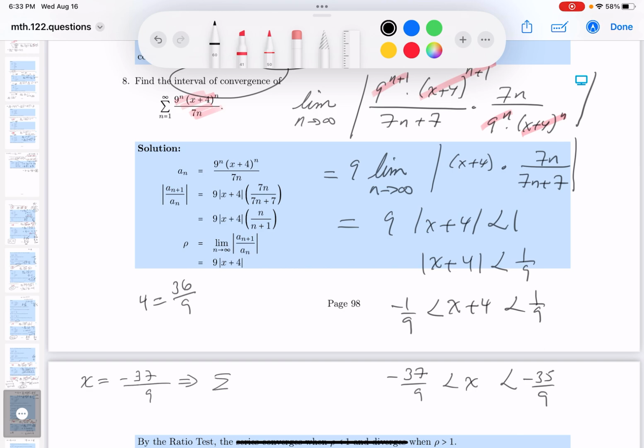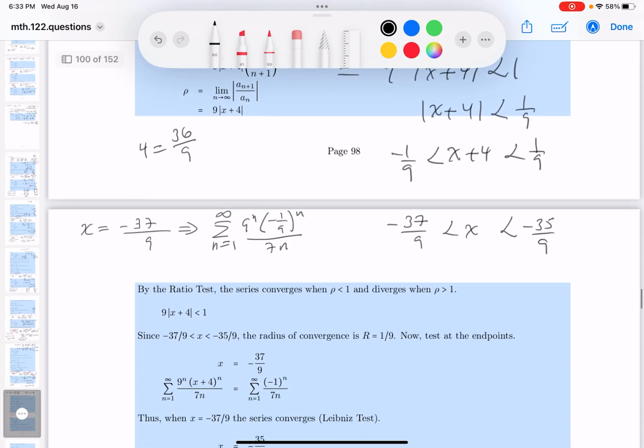And what does that give us? The sum from n equals 1 to infinity, you're going to get 9 to the n, and then x plus 4. And again, 4 is 36/9, and 36/9 plus minus 37/9 is going to be minus 1/9, and that's going to be over 7n.